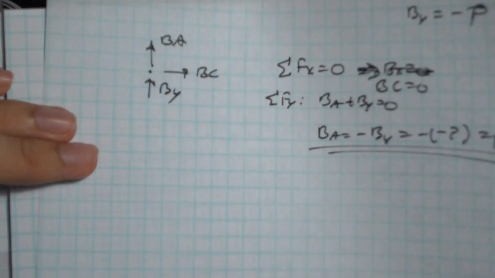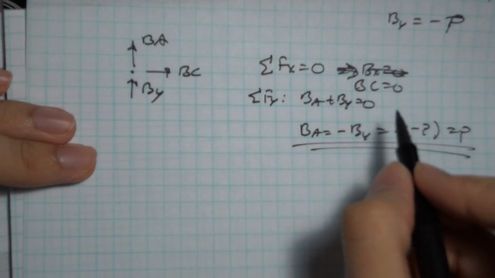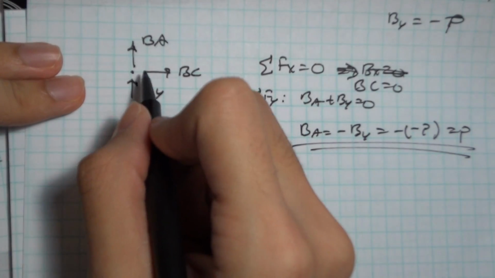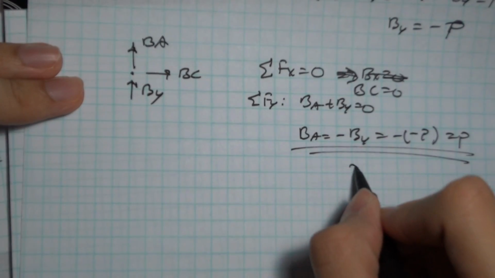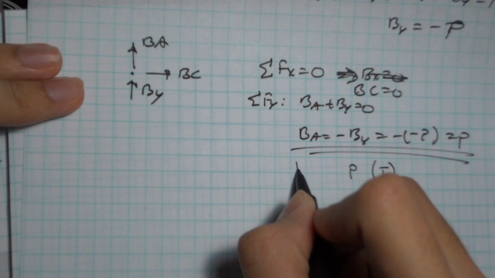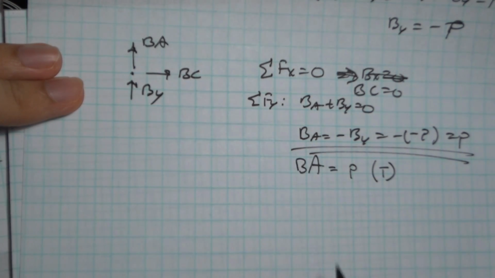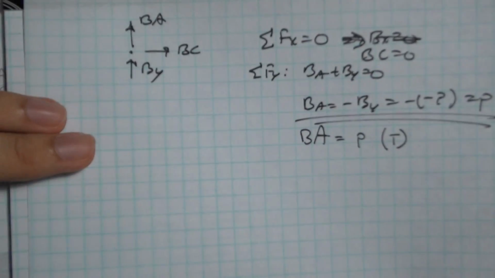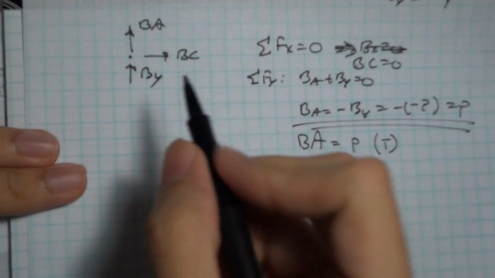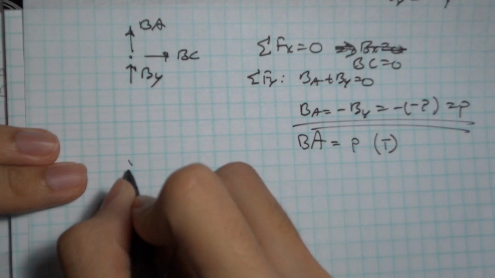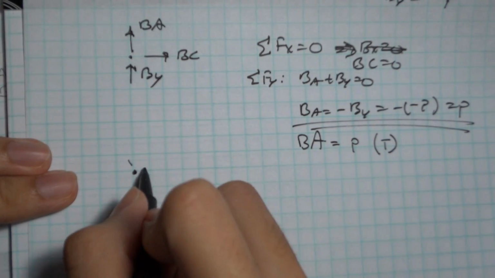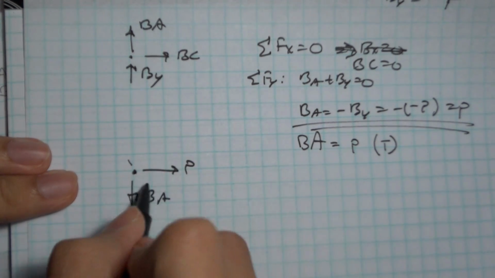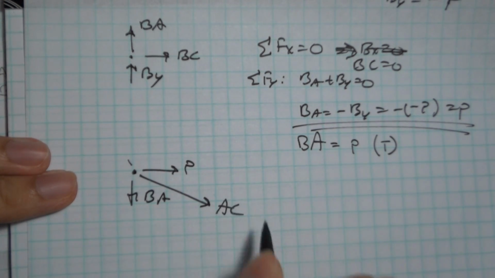The way I have my sign convention defined, tension is positive, so this is P in tension. Now let's look at joint A. At joint A, I have a force P going this way, a force BA going this way, and a force AC going this way.